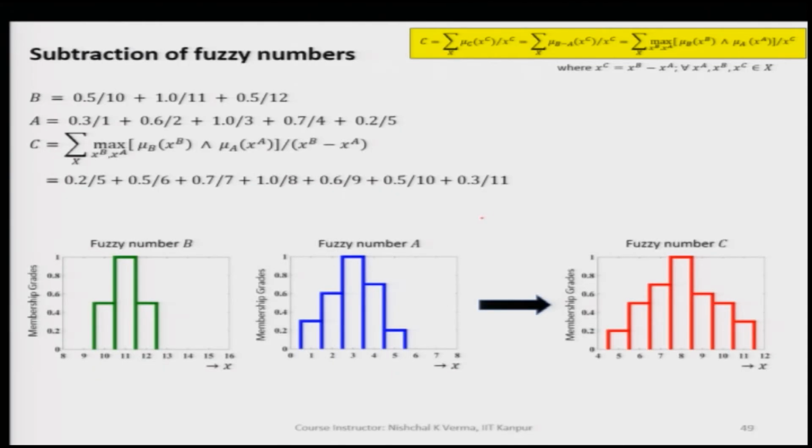Now, our B minus A is coming here as fuzzy number C, which is plotted here, and we clearly see that this is very similar to the outcome which we got in the earlier case.